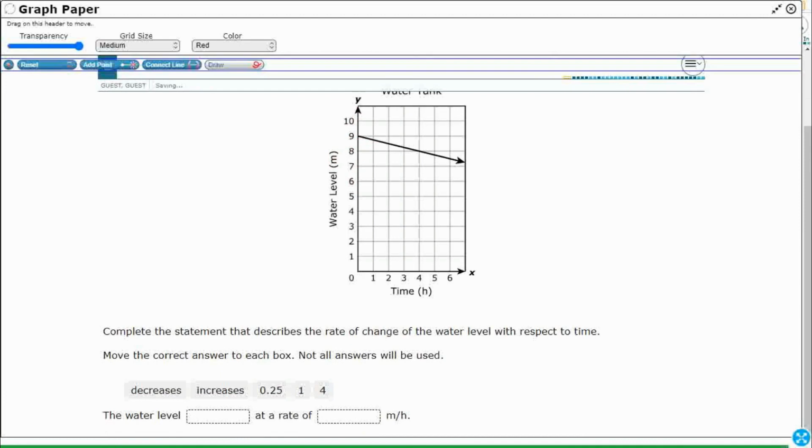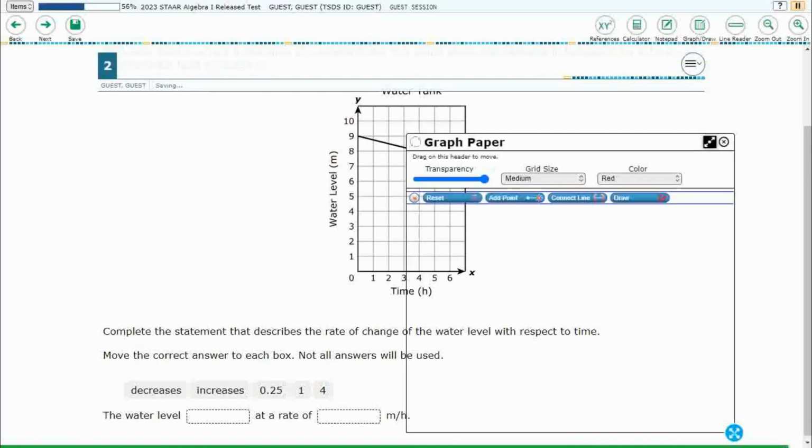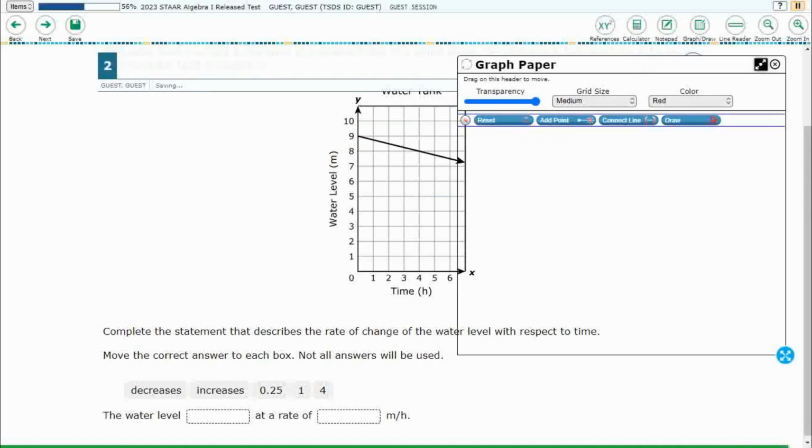Before we get too far into that, let's take a look at our drag and drop here. This is a 2-point question. If I try to drag a number there, you notice it's not letting me. So really there's only two options: I can either choose decreases or increases for that first one, and I can't put decreases or increases over there, so my options are really just one of these three numbers.